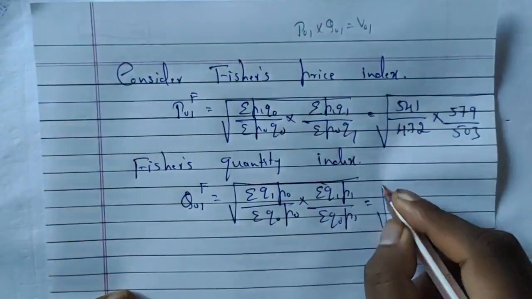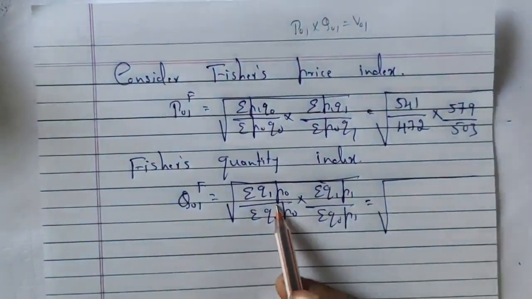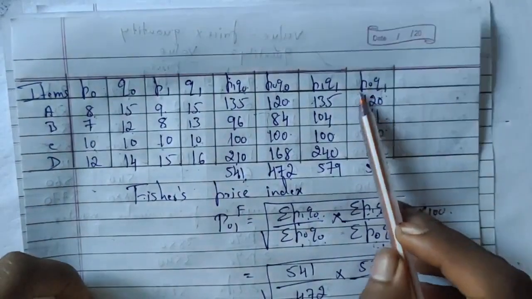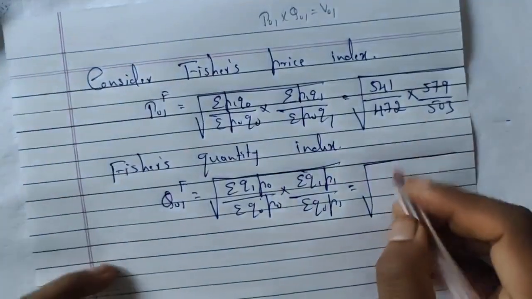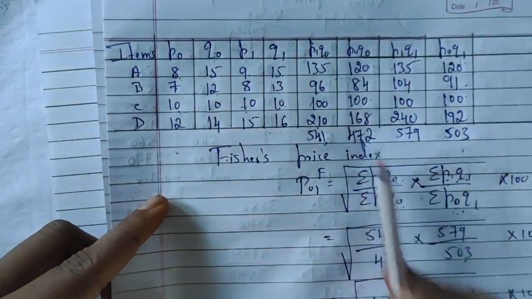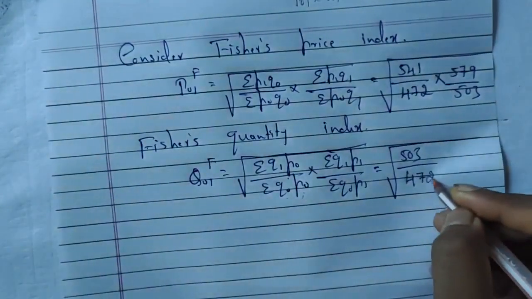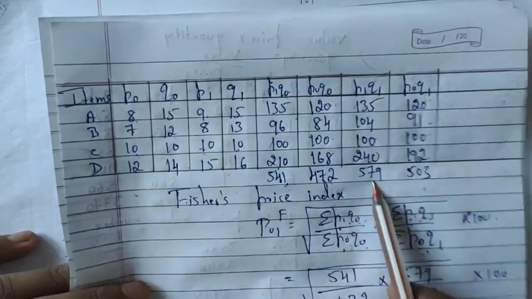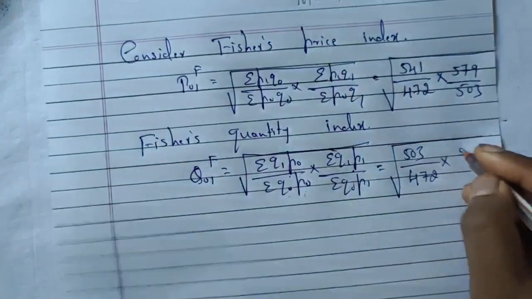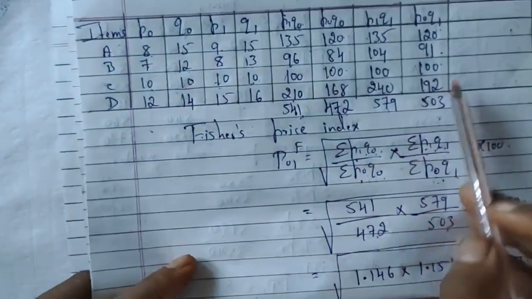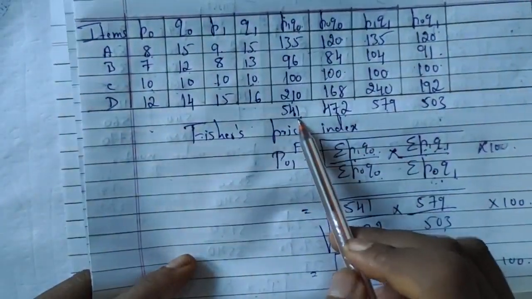So this is equal to square root of Q1 P0, 503, divided by Q0 P0 or P0 Q0, that is 472, into Q1 P1, 579, divided by Q0 P1, 541.